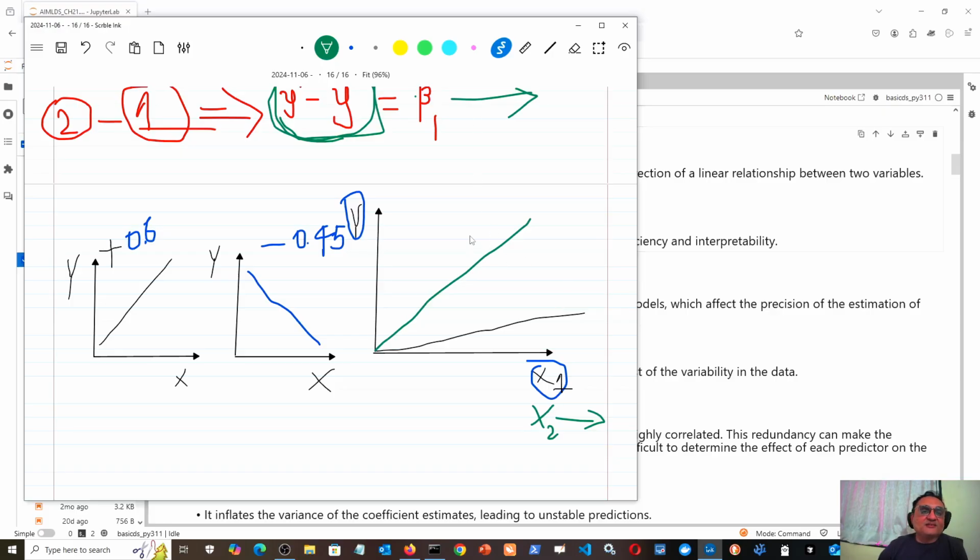Here the correlation coefficient would be, say, maybe 0.8, so a pretty high absolute value, while here the correlation coefficient will be, say, 0.31. So that is showing that this is a weak correlation. Both are positive correlation, but this is strongly positive correlation and this is weakly positive correlation.